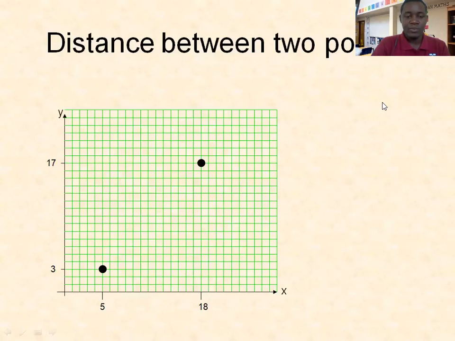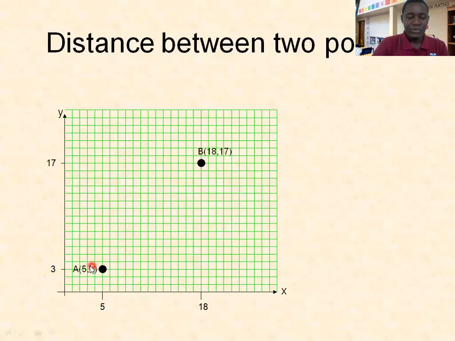So assume we have two points on the Cartesian plane like you can see here. We remember that a point is described on the Cartesian plane by the x and y coordinates. So if we have these two points, for example, we have the point A, which is (5, 3), and the point B, which is (18, 17).